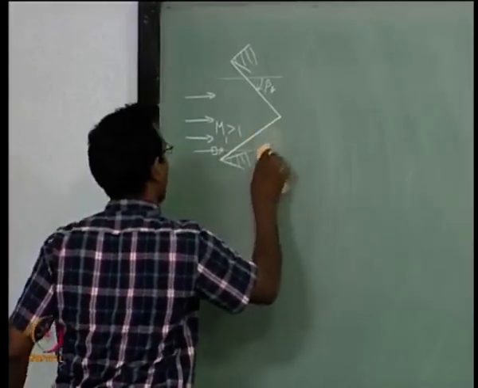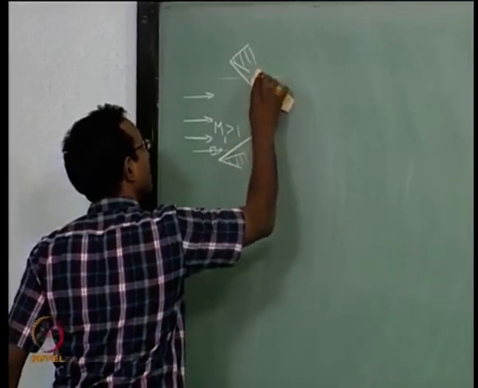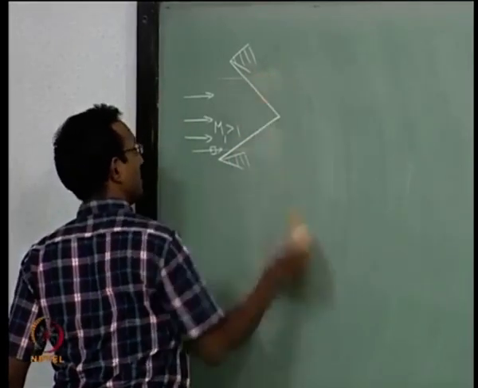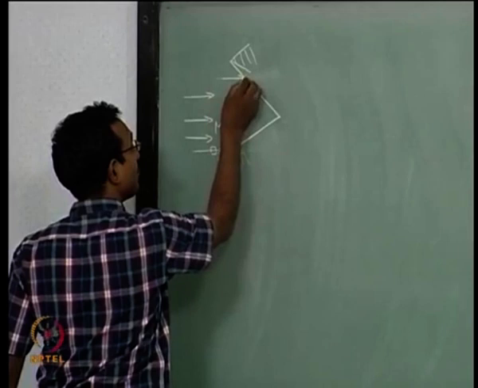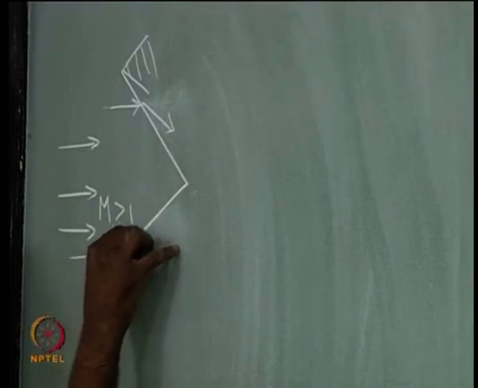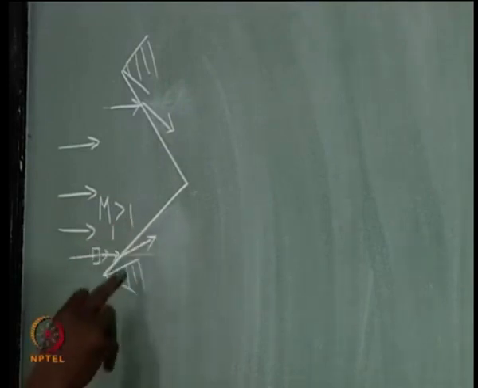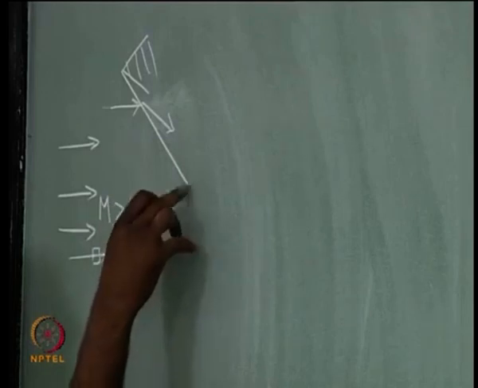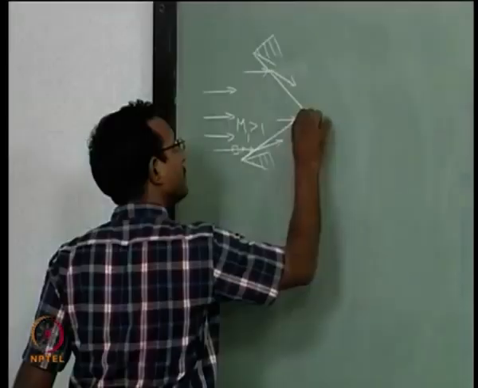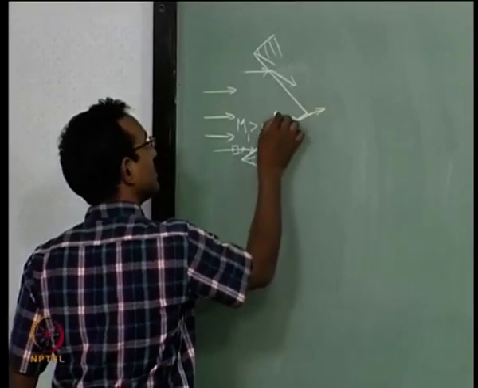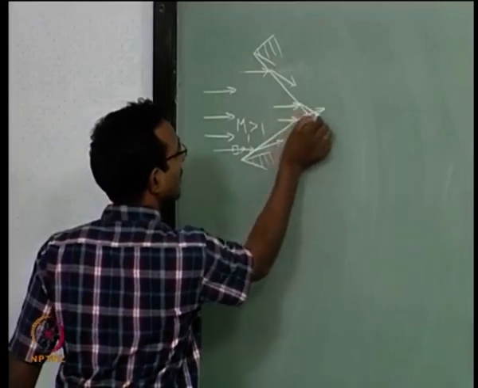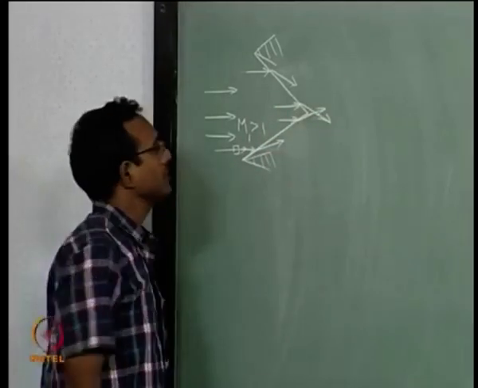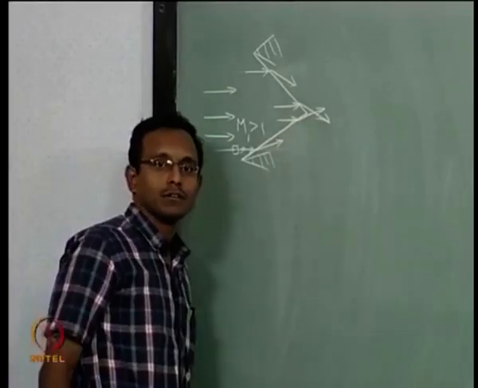You know that it is beta A I am talking about, which could be different from beta B. The way I have drawn it, beta B is higher than beta A, which actually means that the deflection by shock B is more than the deflection by shock A. If I draw the streamline close to the point of intersection, this is going to go like this, while this particular velocity vector is going to be turned like this, which means these two flows are going to meet each other at that point.